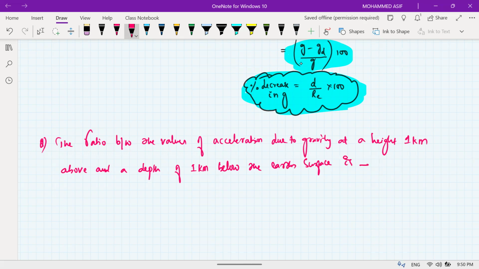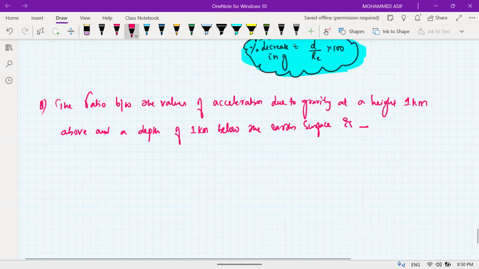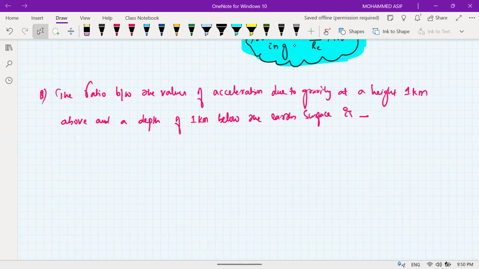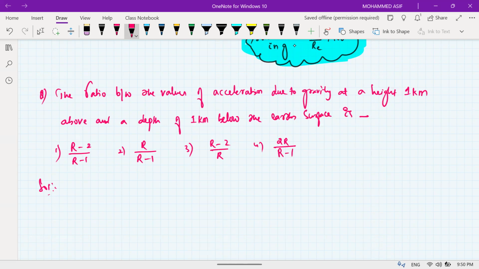Can anyone tell me the answer? I'm giving the options: R minus 2 divided by R minus 1. Second option is R divided by R minus 1. Third option is R minus 2 divided by R. And fourth option is 2R divided by R minus 1. Chalo, try to do it and give me the answer.